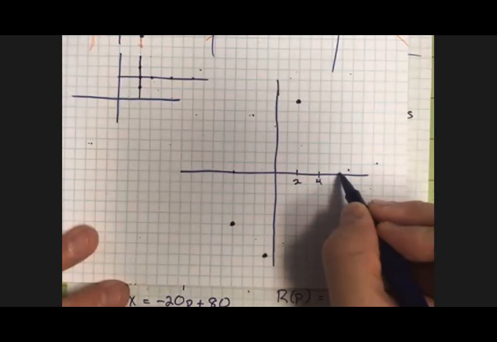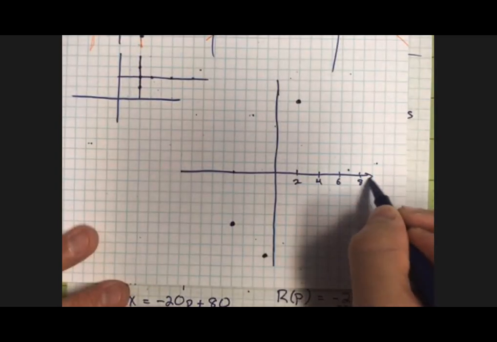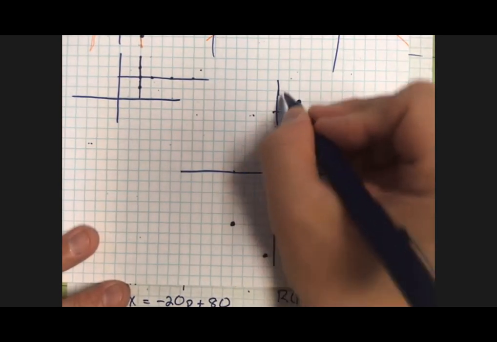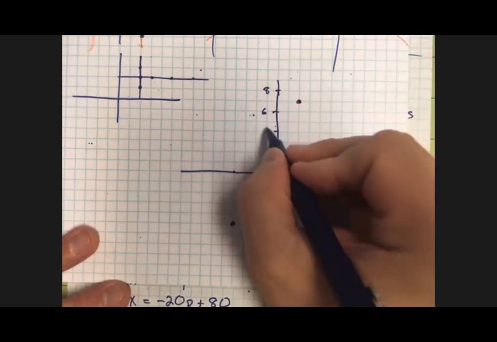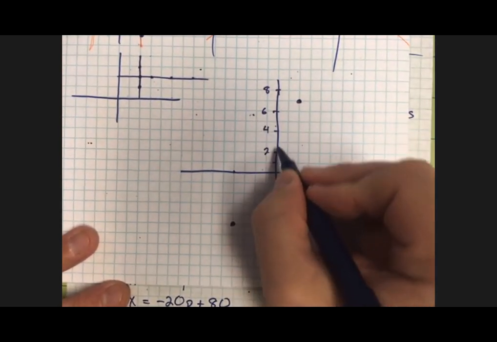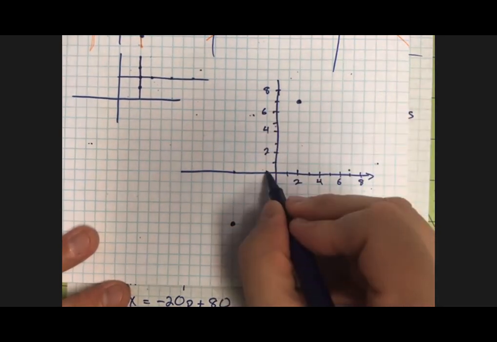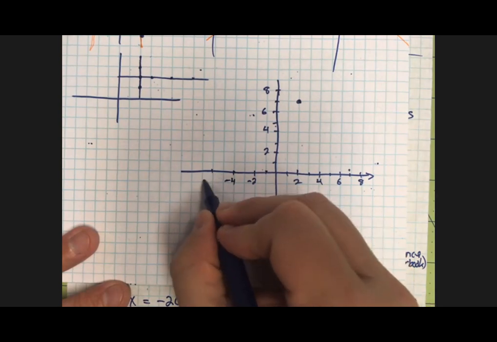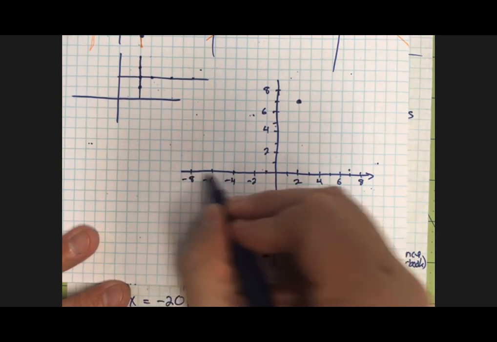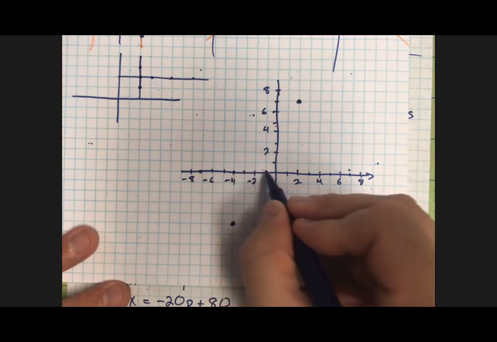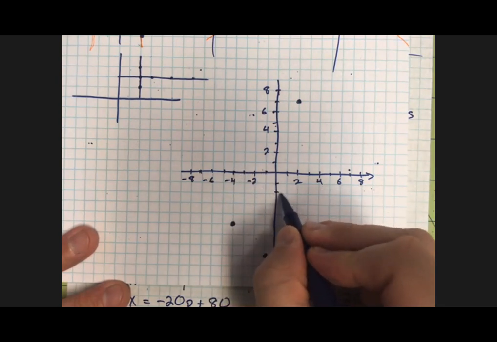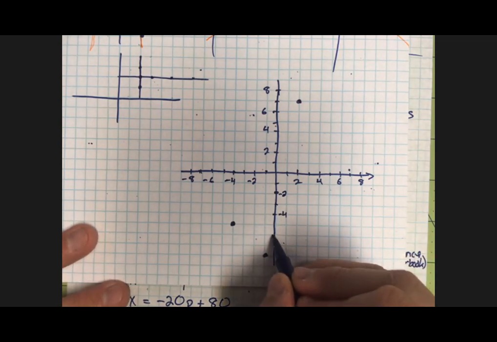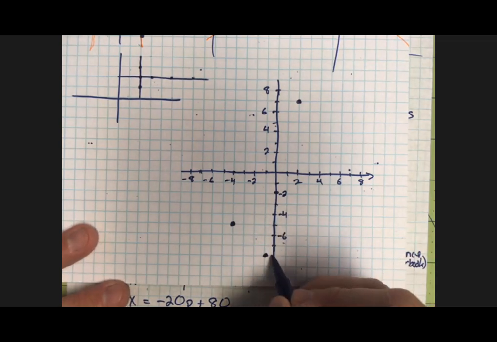2, 4, 6, 8. This seems like a convenient scale. 2, -4, -6, -8.